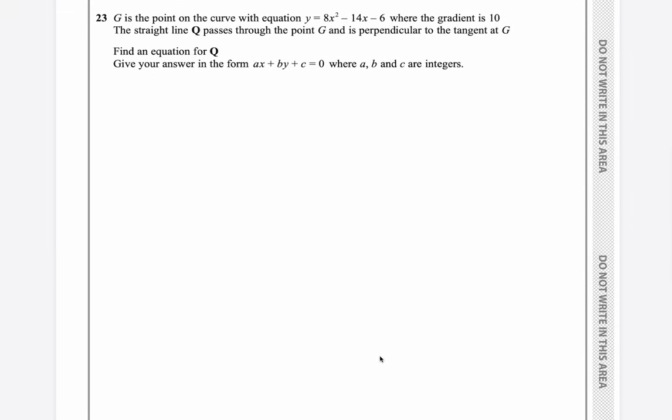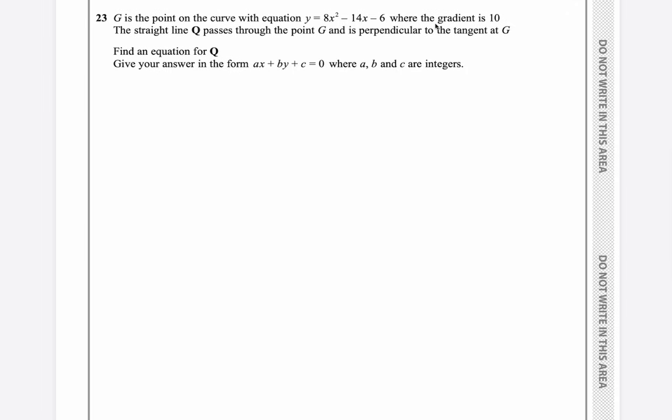Question 23. G is the point on the curve of the equation this, where the gradient is 10. The straight line Q passes through the point G that is perpendicular to the tangent at G. Find an equation for Q. Give your answer in this form. Right, certainly not an easy question, guys. So G is the point on this where the gradient is 10.